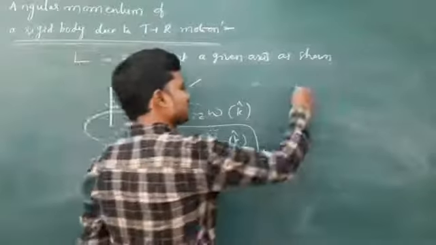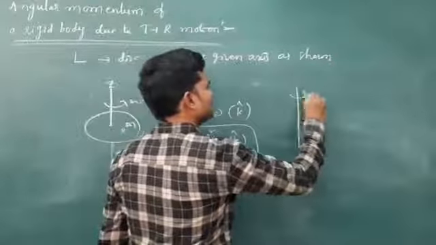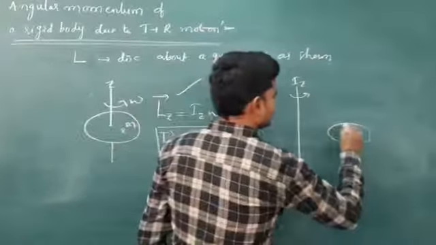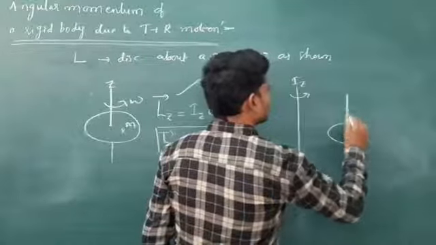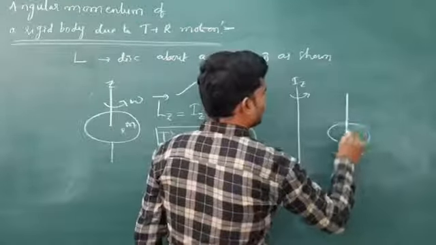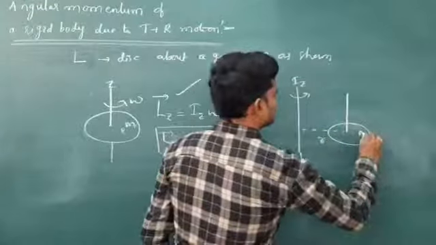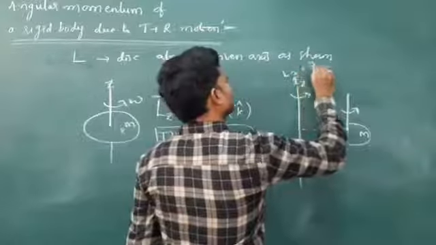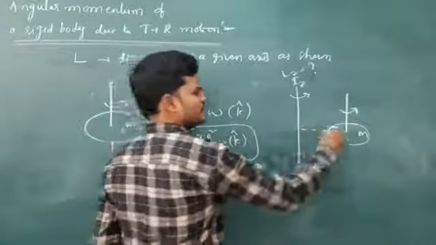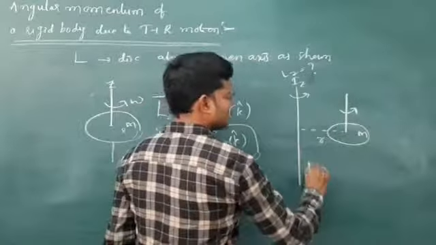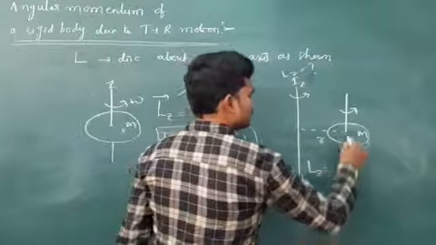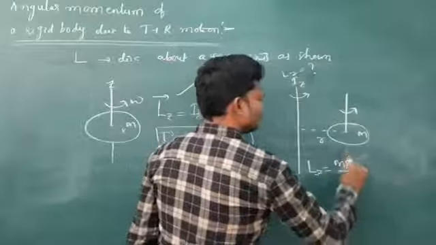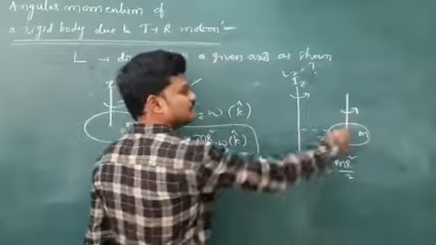Suppose they give it like this. See, this is one axis, let us call it the z axis, and a circular disc which is rotating about this axis at a certain distance, say r. So I want to get angular momentum about this axis. Again the same thing. L about z is, moment of inertia passing through the center is m r square by 2, and use the parallel axis theorem.